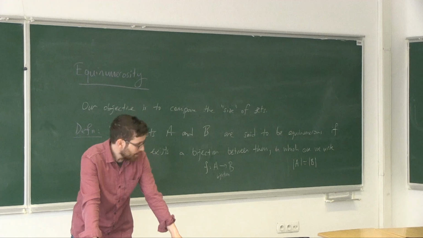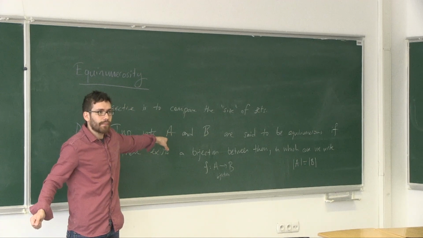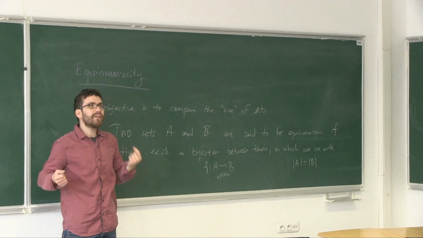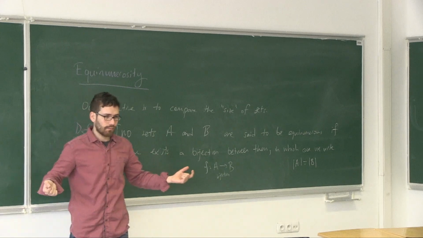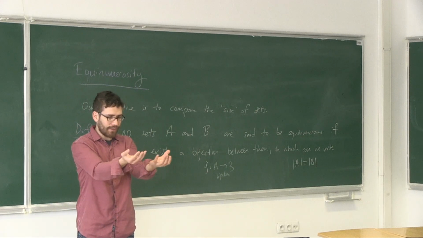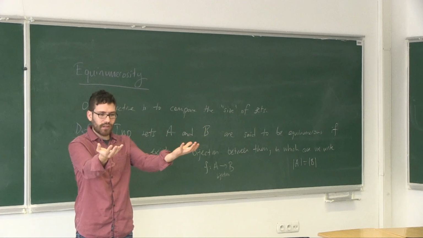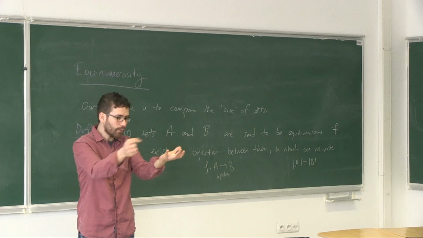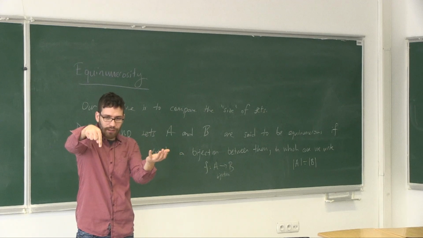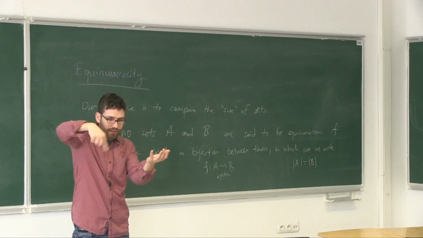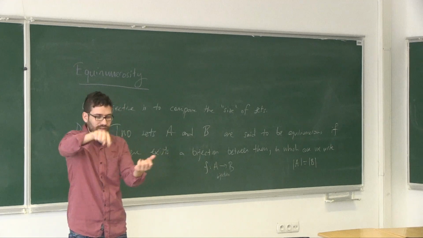Now, you see, in this definition, I didn't use any number. So we don't really need the notion of a number to compare sizes of things. In order to compare the sizes, if you want to say that this collection of objects and this collection of objects are of the same size, they're equinumerous, you should just find a labeling of the elements of this guy via this set. So there should be a map, which is a bijection from this set to this set, or vice versa.